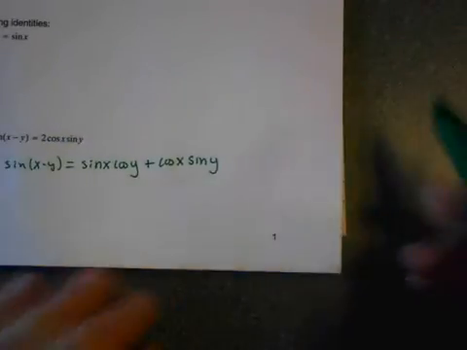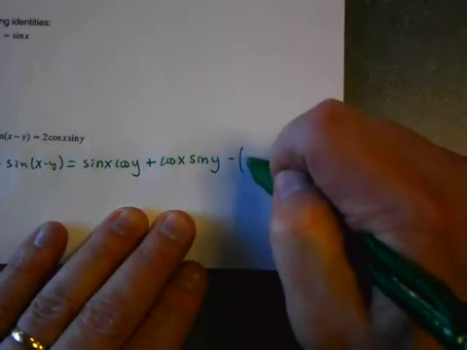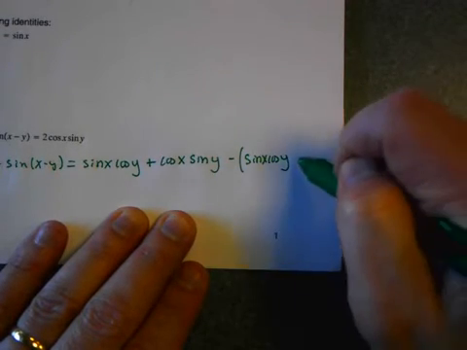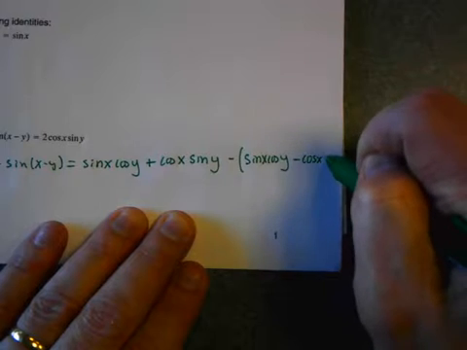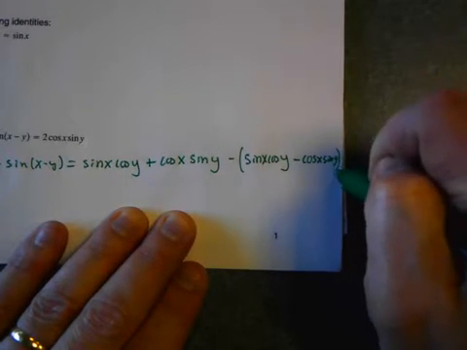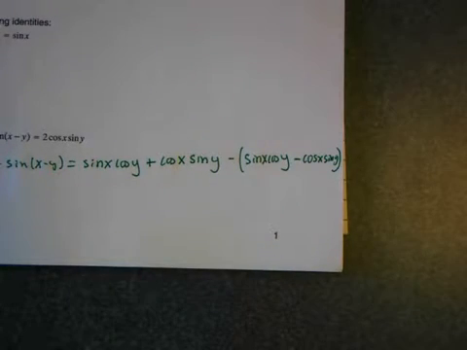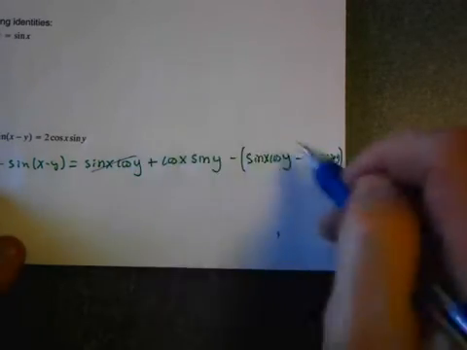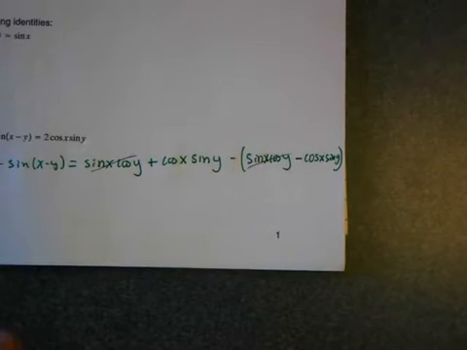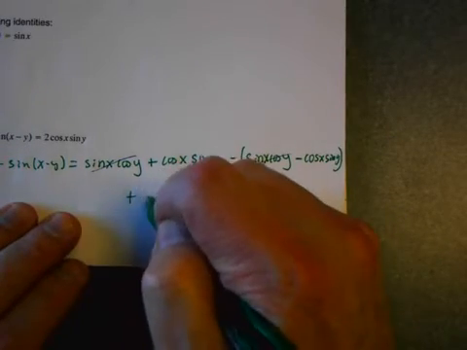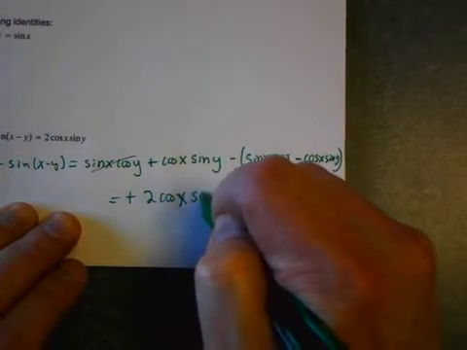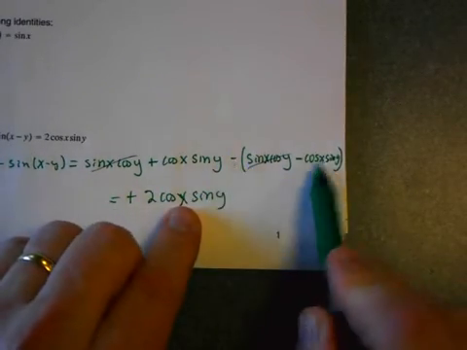And then this one should be minus sine x cosine y minus cosine x sine y. And now it's going to work out. When I distribute the minus sign through here, this one and this one are still going to reduce out. And I'm going to have plus 2 cosine x sine y, because this minus turns that one into a plus.